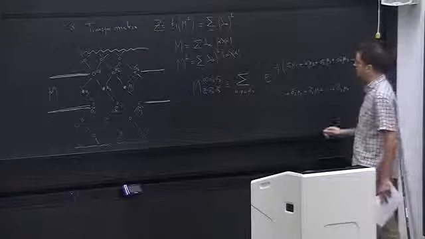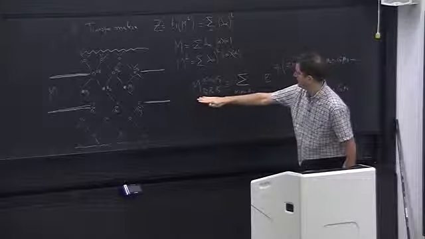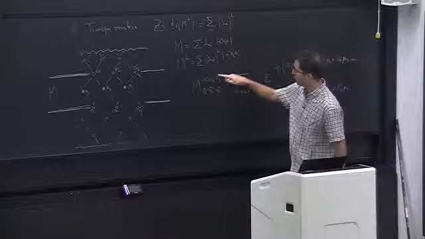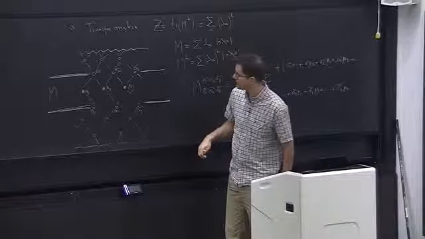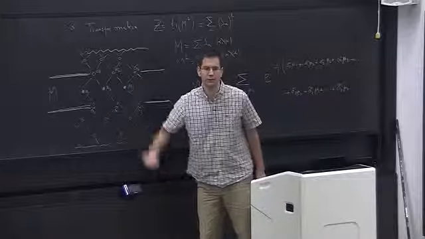So what I'm doing is attaching a tensor with 6 indices, the sigmas and sigma tildes, and I'm performing the sum of the Boltzmann weights over the spins in between.